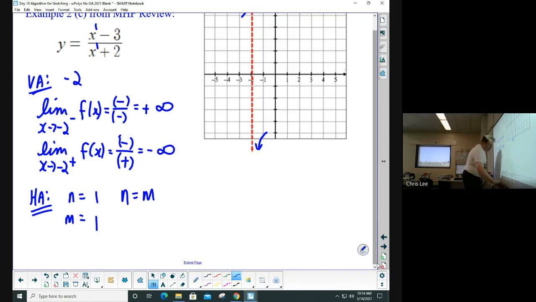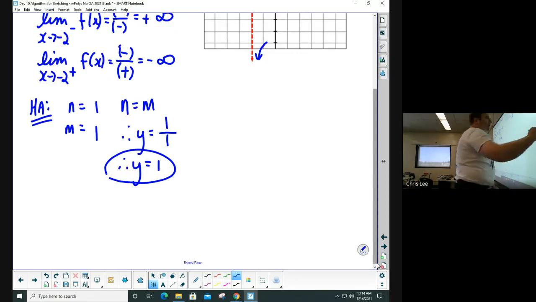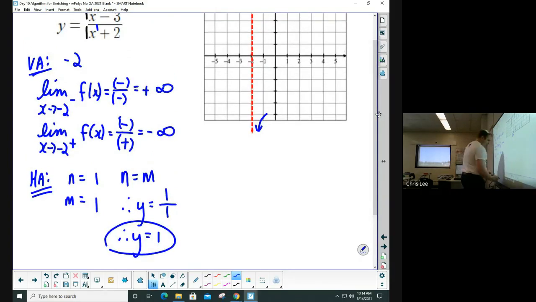The leading coefficients are 1 and 1, and so the horizontal asymptote is going to be 1 over 1, which is y equals 1. Let's draw that on our graph, and then we'll figure out what we need to prove with this horizontal asymptote.